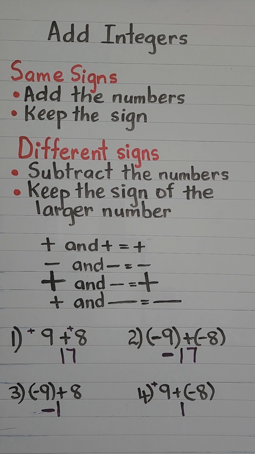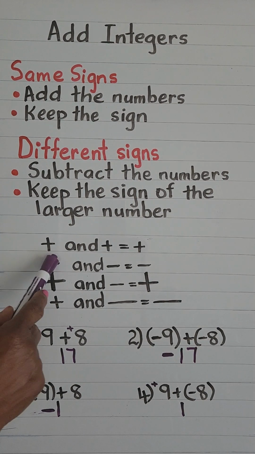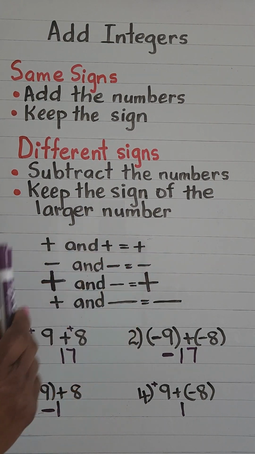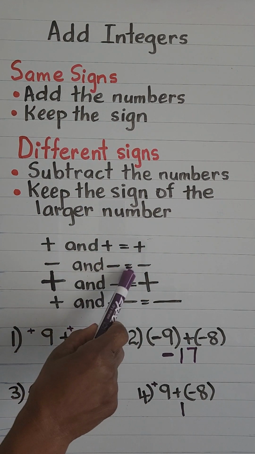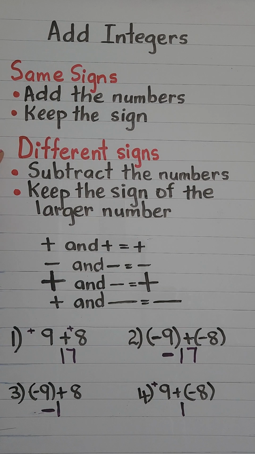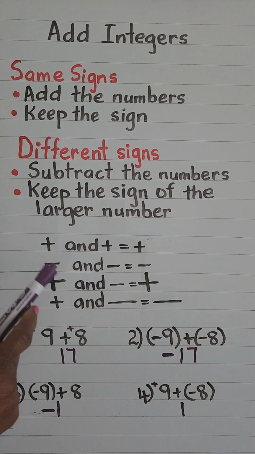Once more, the rule. When we're adding integers, if the same sign, we add the numbers and keep the sign. That is, positive and positive is equal to positive, negative and negative is equal to negative. If the signs are different, we subtract the numbers and keep the sign of the larger number.